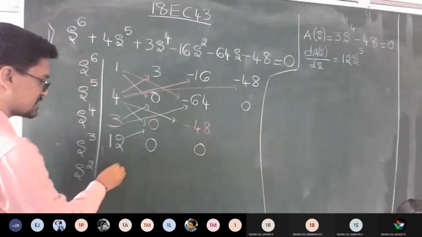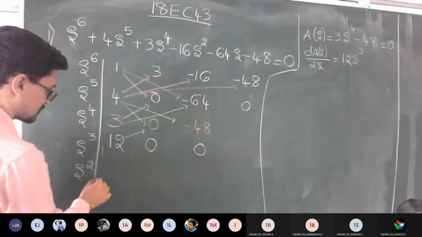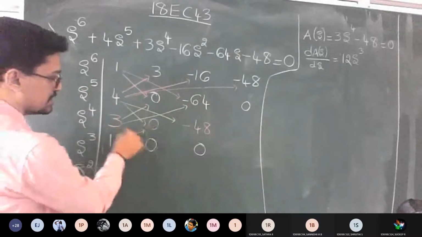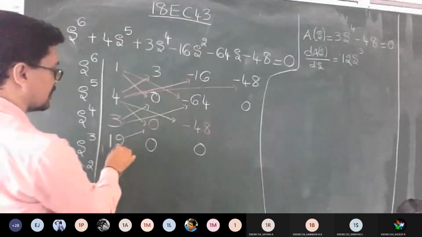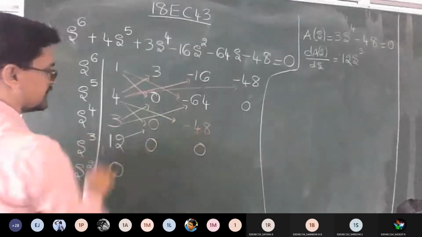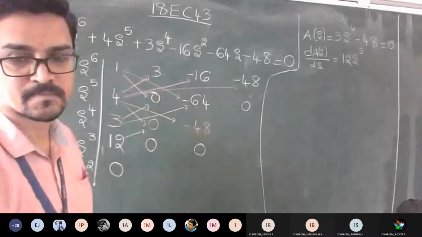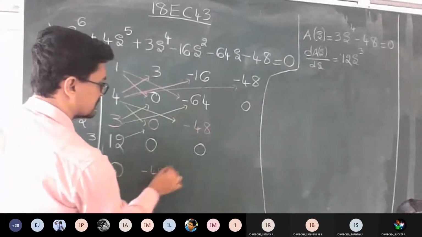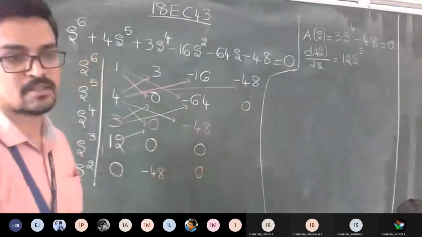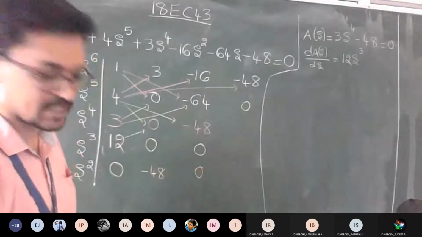I want to fill this answer. So it's 12 into 0, again this is going to be 0. Next, 12 into minus 48 divided by 12. How much? Minus 48. Good. So remaining 0 only. Now tell me what condition it is.